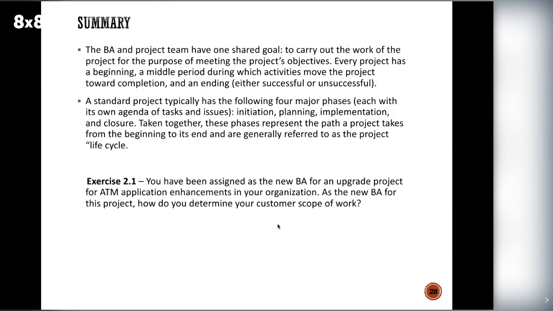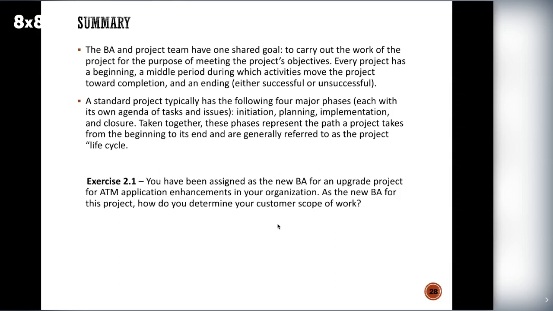So if you want to determine them, you can talk to your boss. If you're involved in any other project that is different from the ATM application, the first person you need to approach may be your colleague, maybe the SME, the project manager, or your supervisor. This is how you're going to determine your customer scope of work.